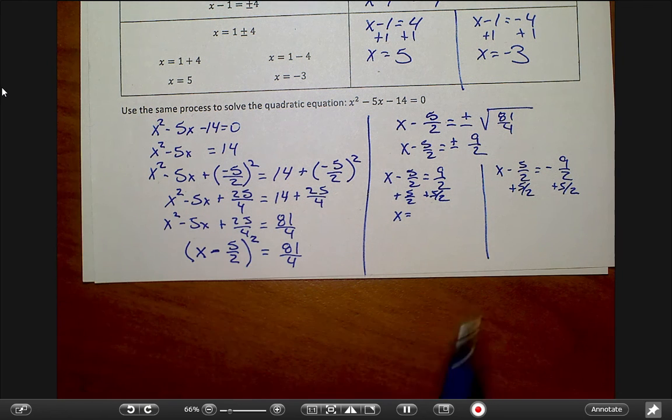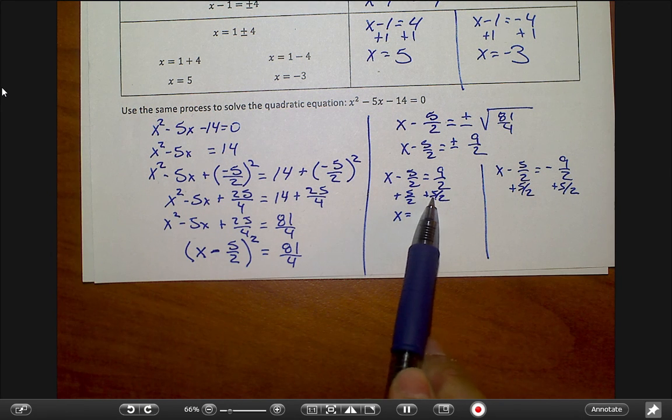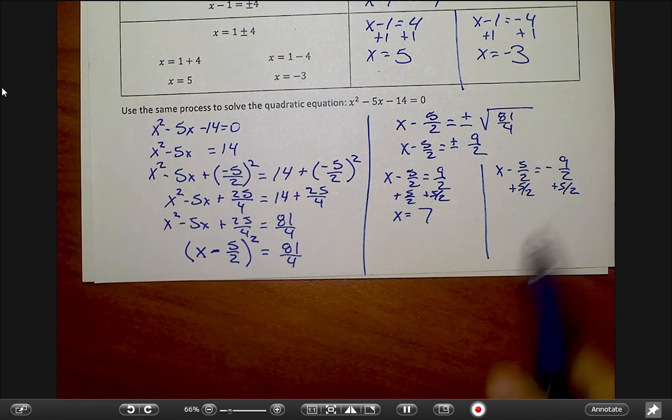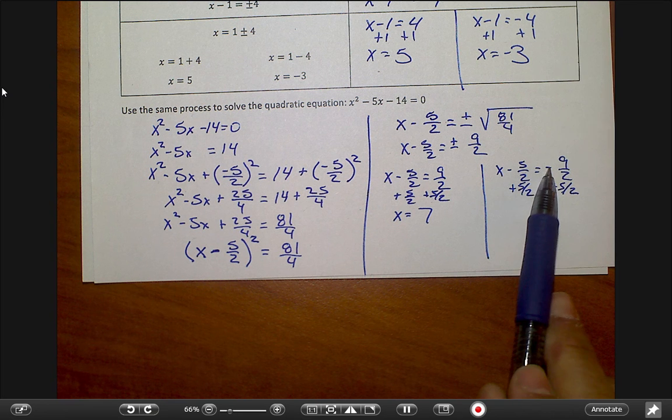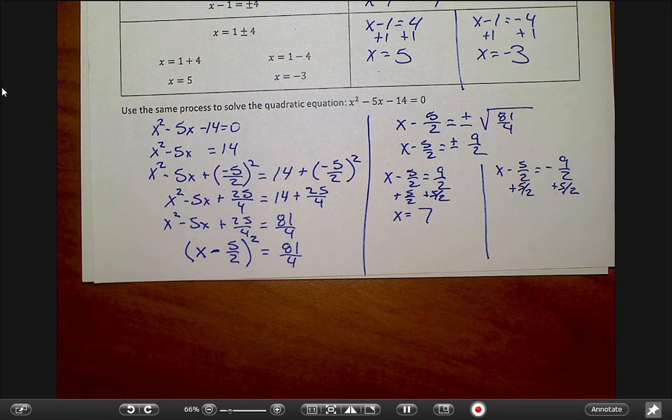So x is equal, so 9 plus 5 is 14. What's 14 divided by 2? 7. Now on this one right here, it is negative 9 plus 5. Negative 4. Negative 4 divided by 2.